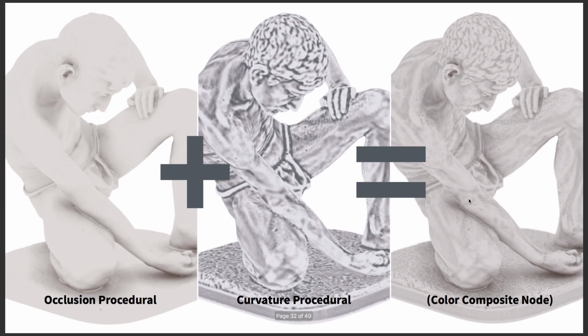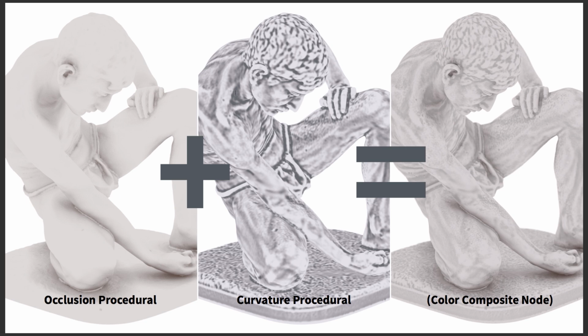For instance, here we have an occlusion procedural texture on this statue, and you can see the local coloring, the darker colors in certain areas. And we also used a curvature procedural to do a similar thing on the sculpture, but in this case, that shading shows up in areas based upon the underlying curvature of the geometry.